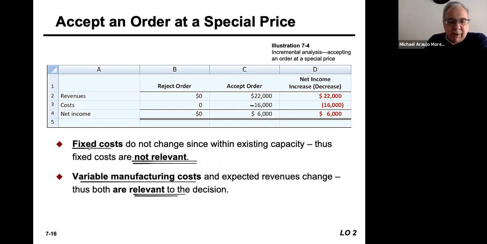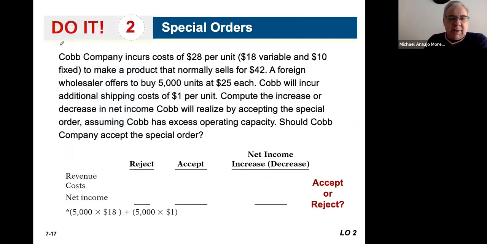And I'm sorry not to have brought that up sooner. But in this case, the total costs don't change if they make a little bit more. But the blenders would add to the variable costs. That would change. So for your do it exercise example here, we have Cobb Company.